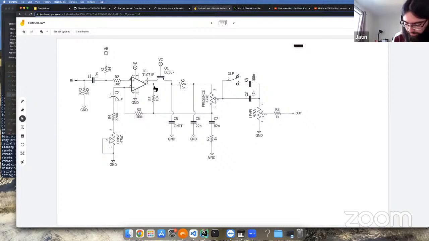Ground is usually node 1, so we'll stick with that for now. So this node here is going to be node 1. Oh man, come on. Why can't I draw on this today? All right, that's node 1.